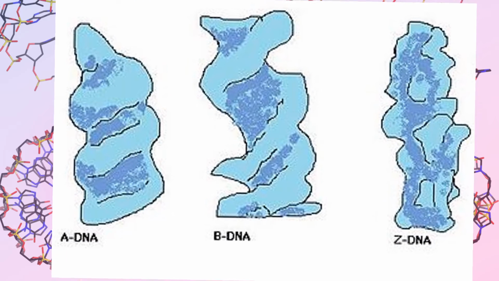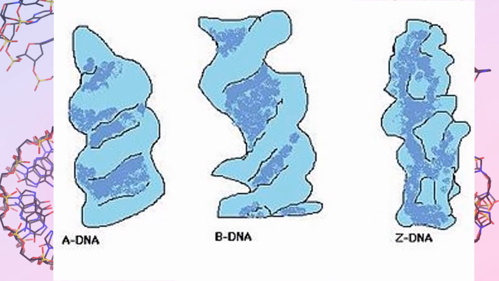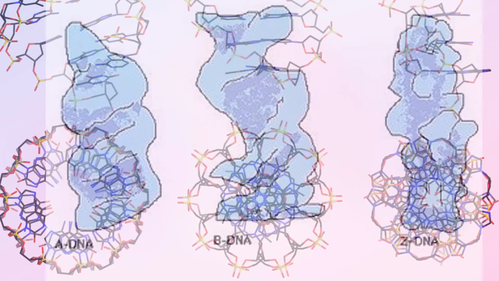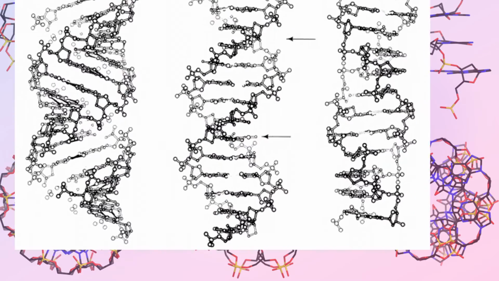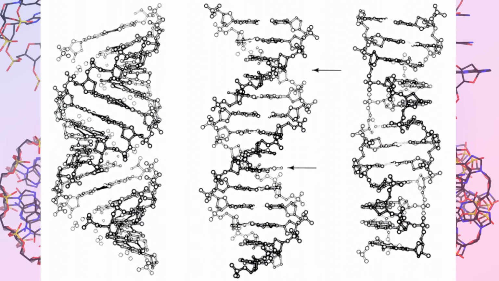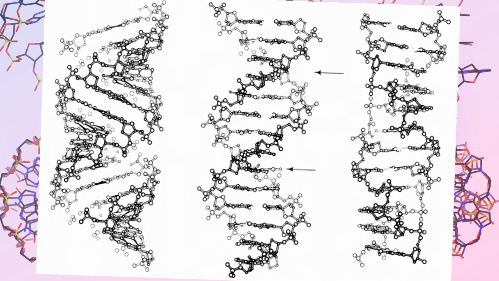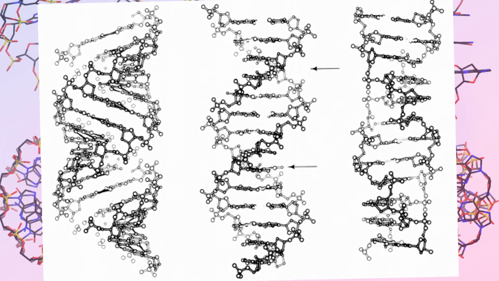Z-DNA, which is favored by alternating pyrimidine and purine steps. Example, CG, CG, CG, where C stands for cytosine and G stands for guanine. The A and B DNA families are right-handed helixes, while the Z family has left-handed orientation of the helix.